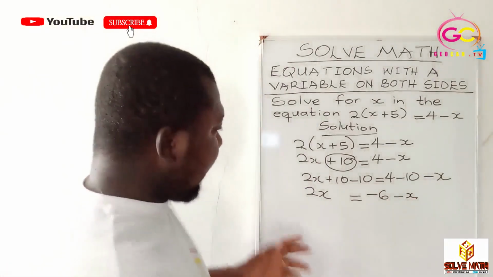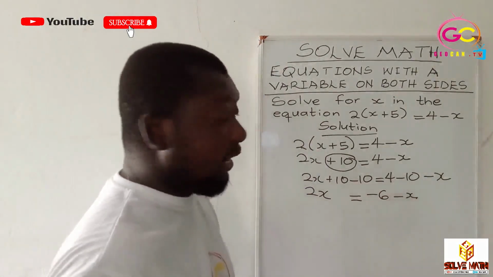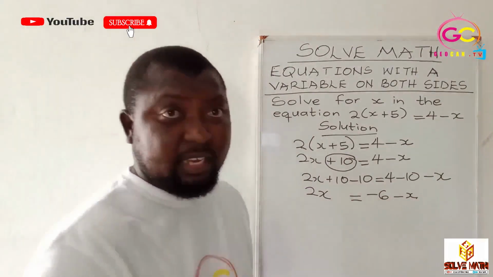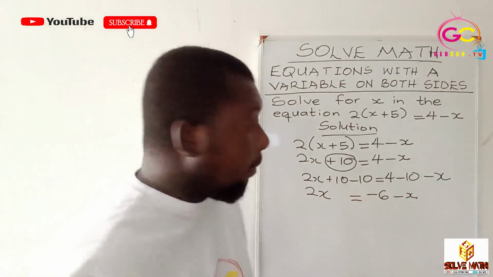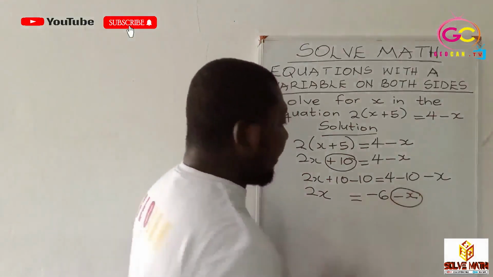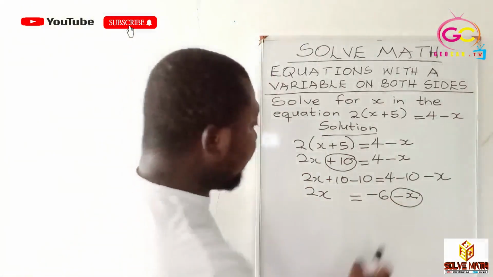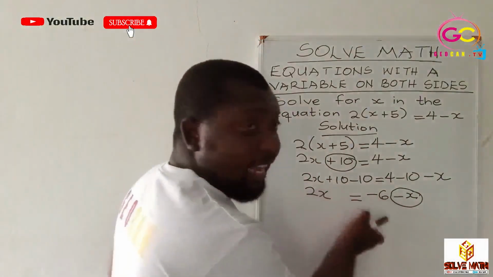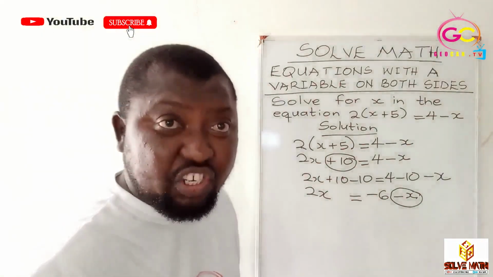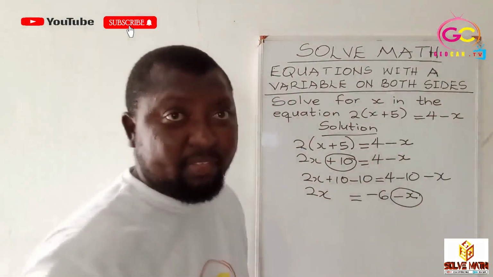Good. Now, looking at your right-hand side, the negative 6 has to stand alone. But what do we have closer? We have negative x. So what you have to do is to add x to both sides of the equation, right? So that we can clear the negative x.